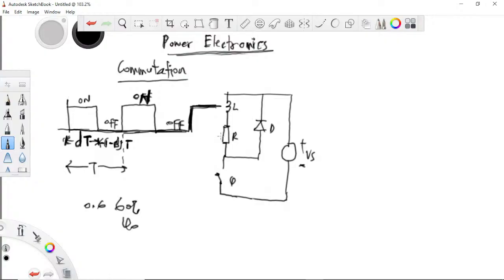When this voltage source is supplying, it will supply only when I close the switch. So when the switch is on, current starts flowing through this branch. Current gets here, this diode is reverse bias, blocking the current.